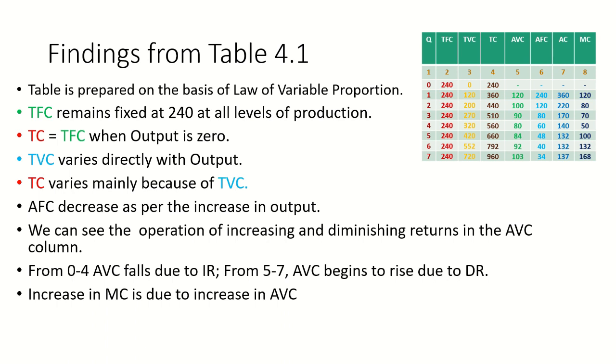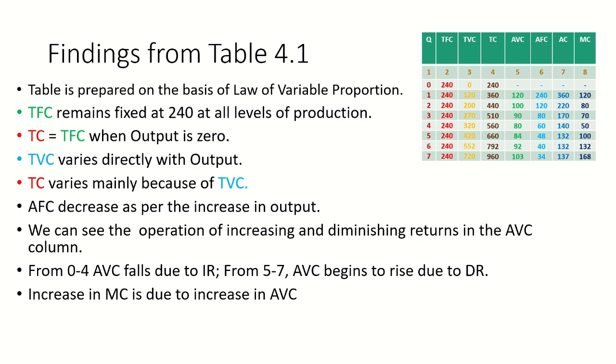The increase in MC is due to the increase in the average variable cost. From the fourth output level, we can see that the MC is rising: 50, 100, 132 and 160. This is mainly because of the increase in average variable cost. So these are the findings from Table 4.1.